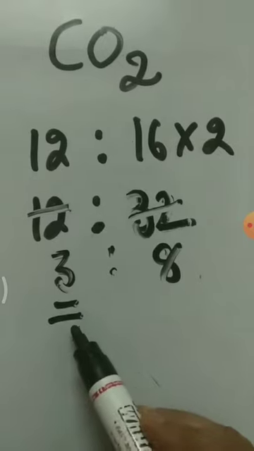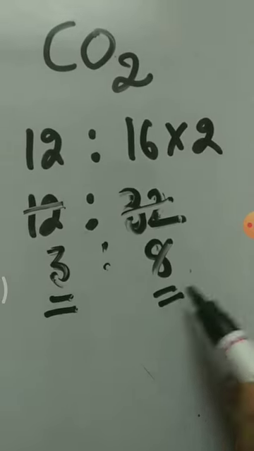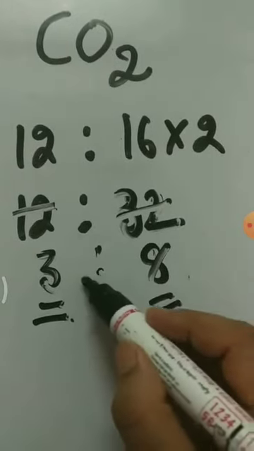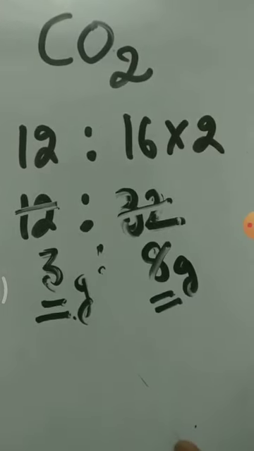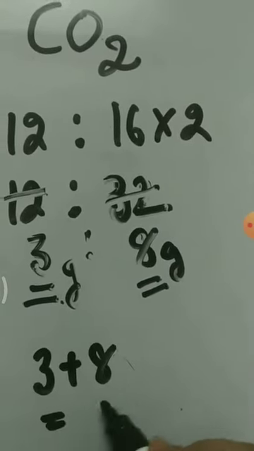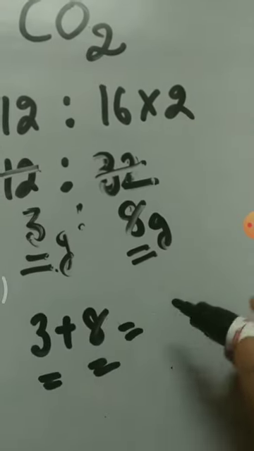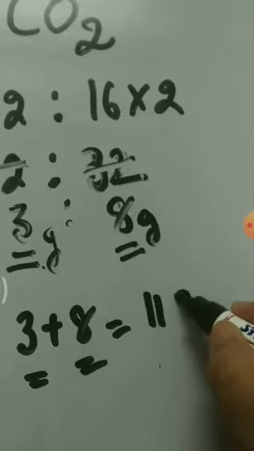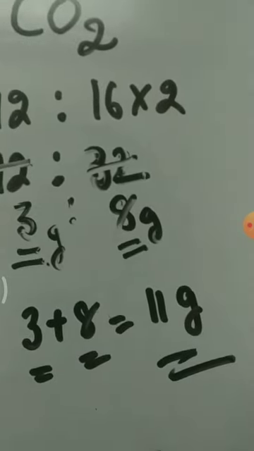So 3 parts of carbon and 8 parts of oxygen are present in carbon dioxide. It means 3 grams of carbon and 8 grams of oxygen are present in carbon dioxide. When we add the mass of both carbon and oxygen, we get the total mass of carbon dioxide, 11 grams.